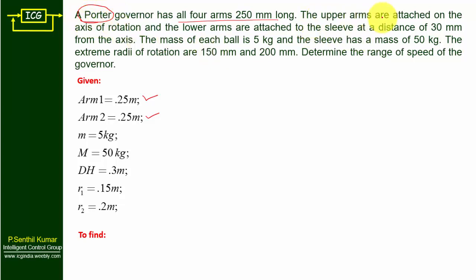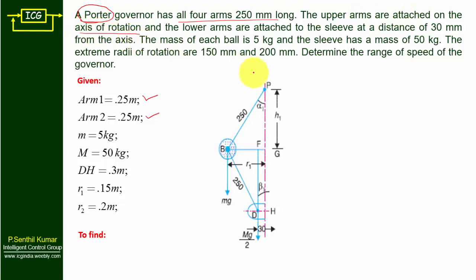Then the upper arms are attached on the axis of rotation. So it's very clear, the upper arms attached on the axis of rotation means there is a possibility of q equal to 1. But look at the next sentence. The lower arms are attached to the sleeve at a distance of 30 mm from the axis.